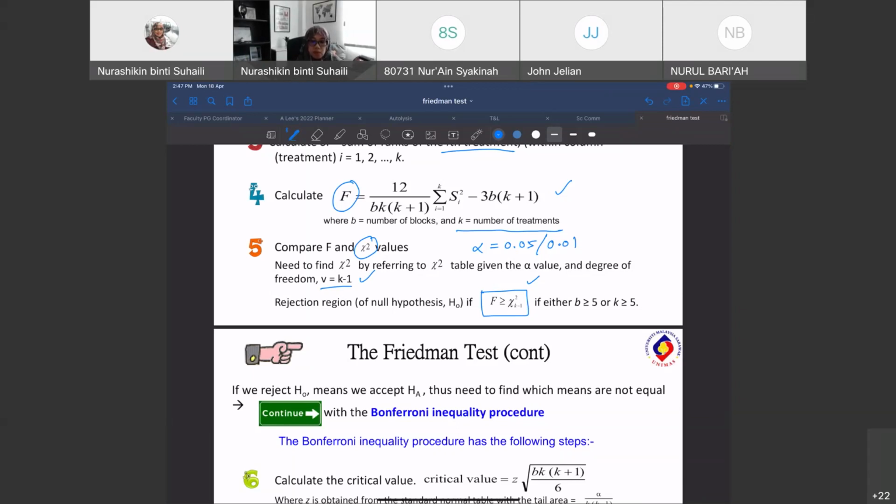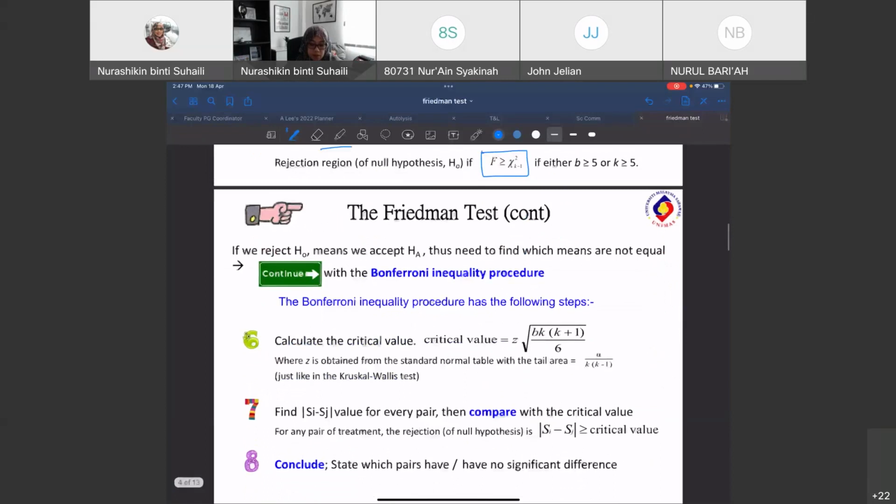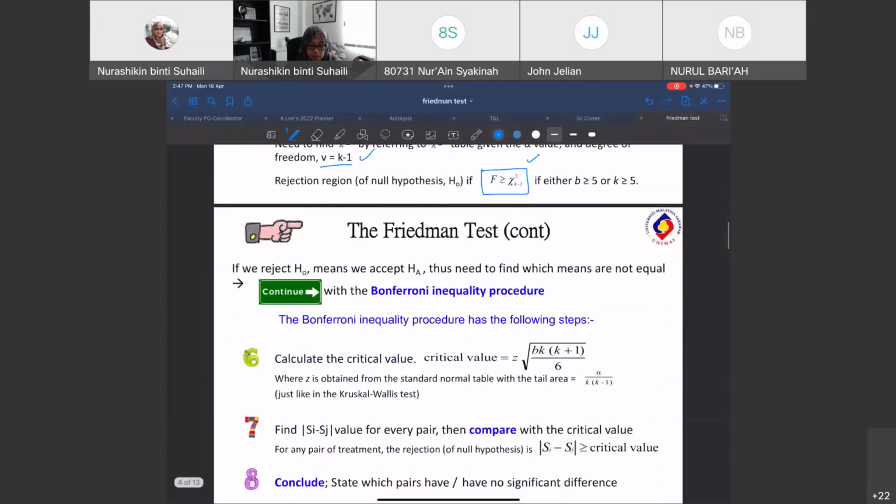Sometimes the difference could be between sample 1 and sample 2, or treatment 1 and treatment 2, but it could be the same with the rest. But you have to find where the difference is. So that is the rationale of step 6 until step 8. Step 6 until step 7, because step 8 you have to do even though you don't do steps 6 and 7.